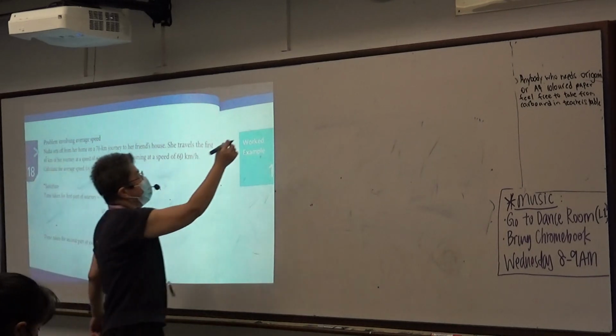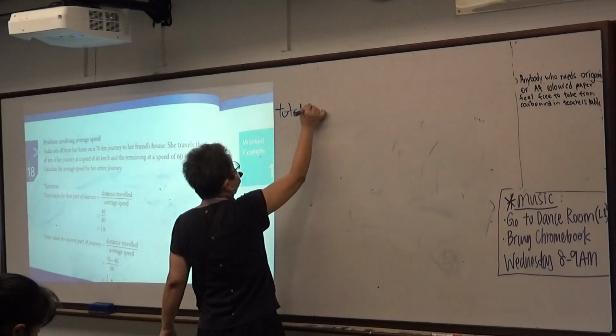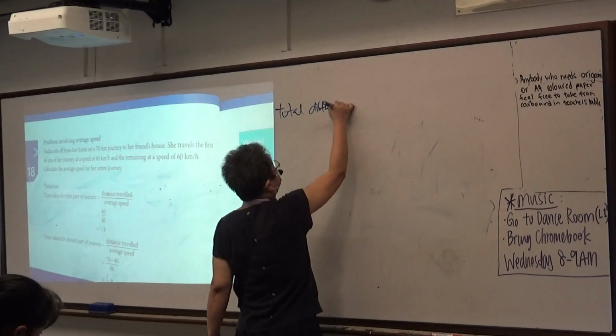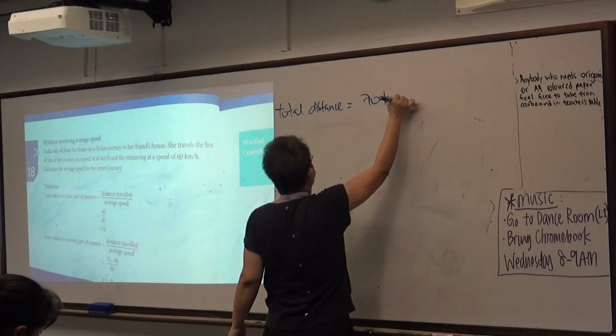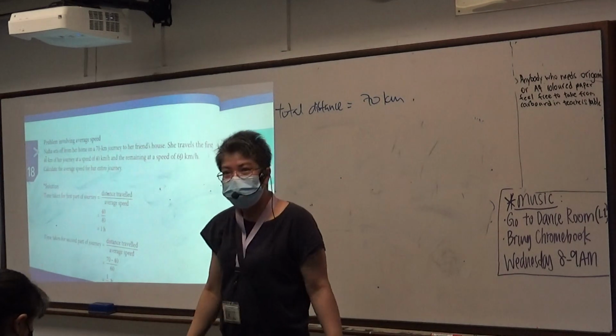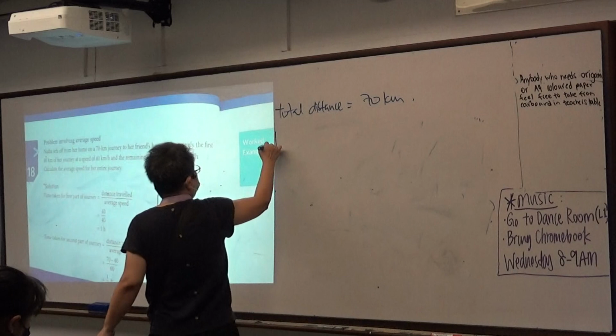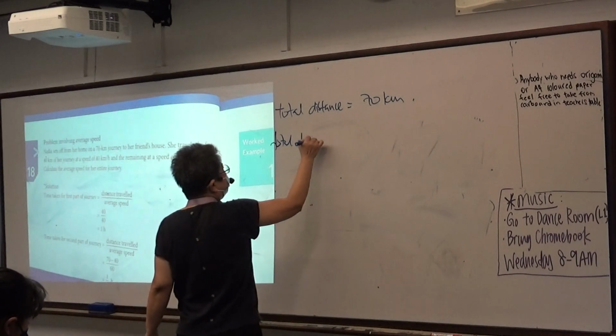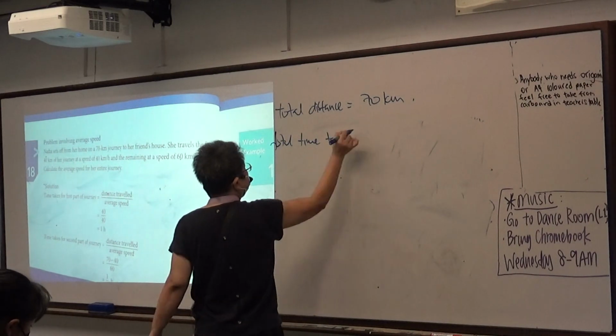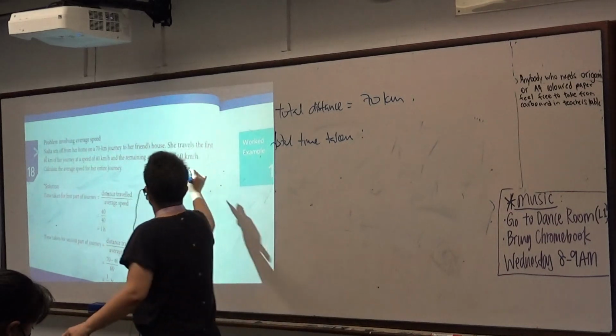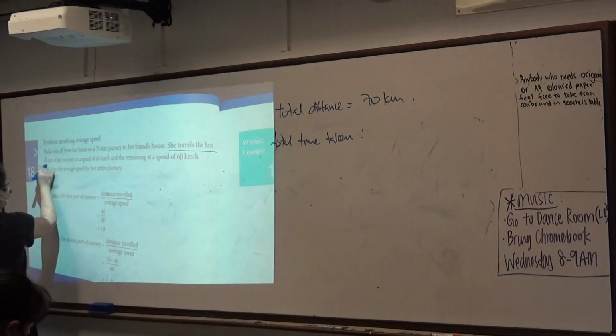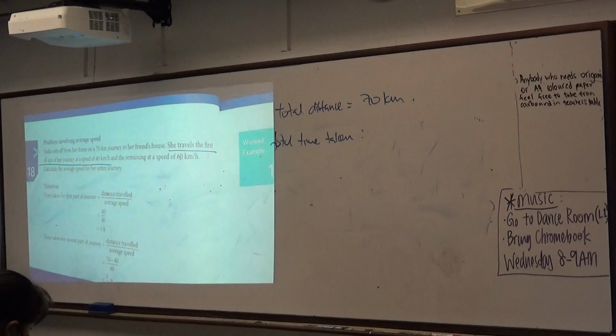Okay. Can you tell me what is the total distance traveled? It must be 70 kilometers, right? Okay. Now, total time taken. This one got problem. She travels the first 40 kilometers at 40 kilometers per hour.